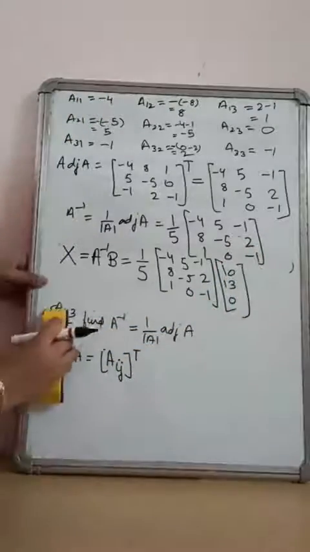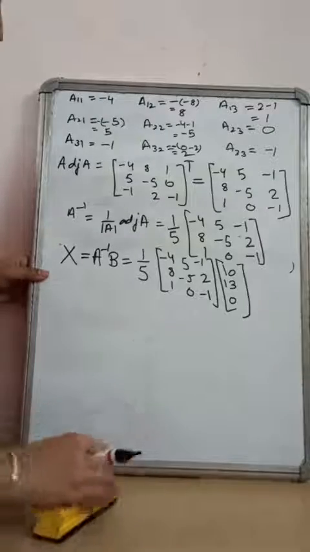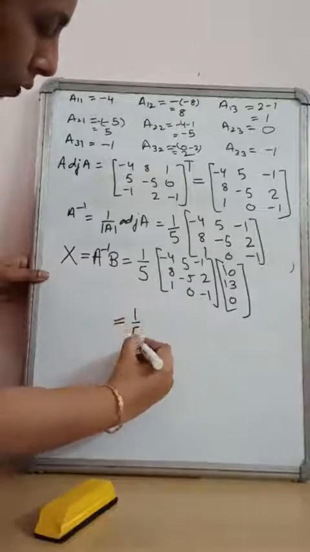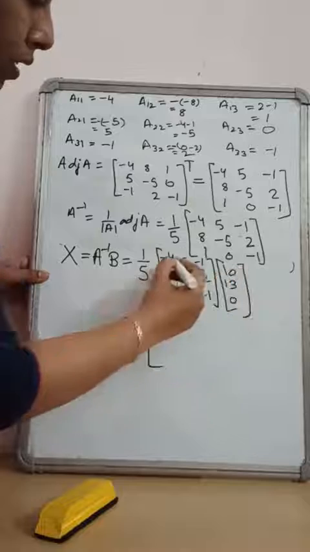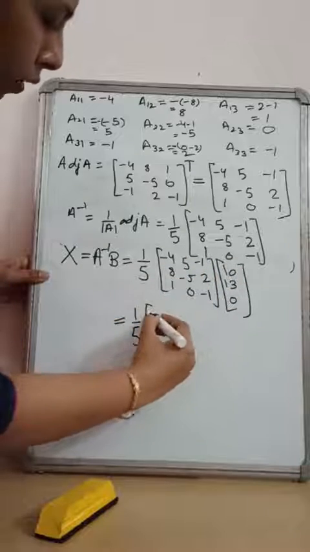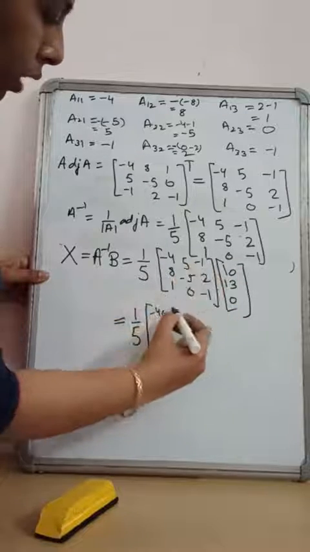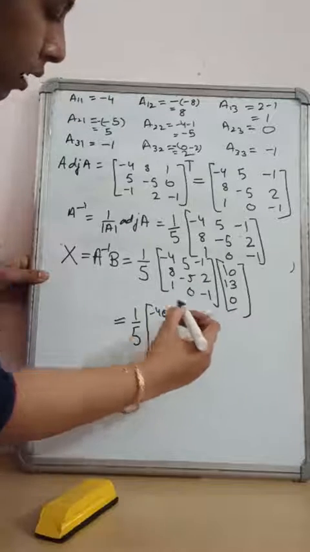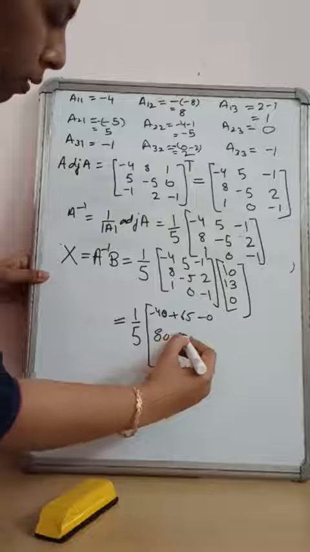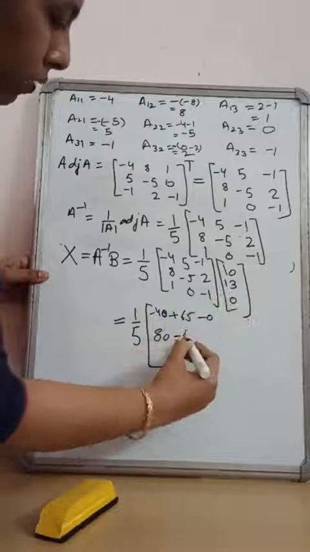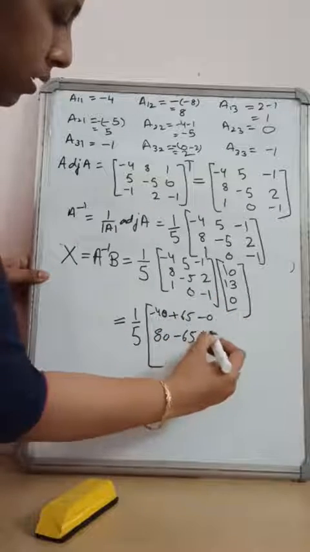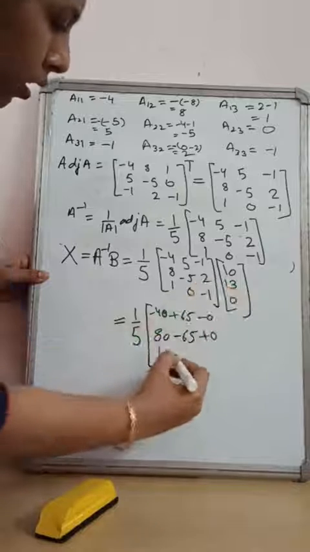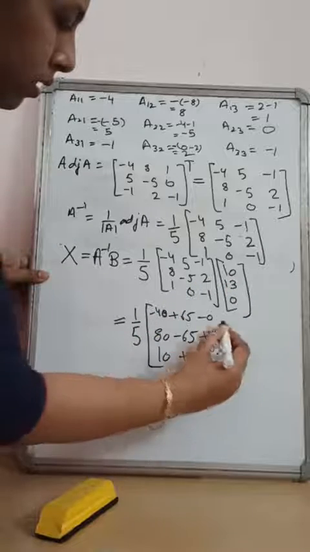So now you calculate, you will do this multiplication over here. So 1 upon 5, now you multiply this row 1 column 1, -40 plus 65 minus 0, then 80 minus 65 plus 0, 10 plus 0 minus 0.